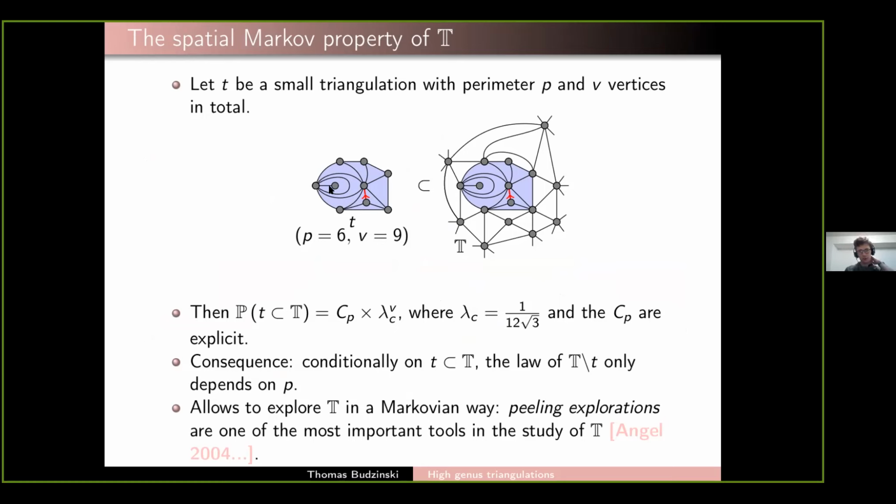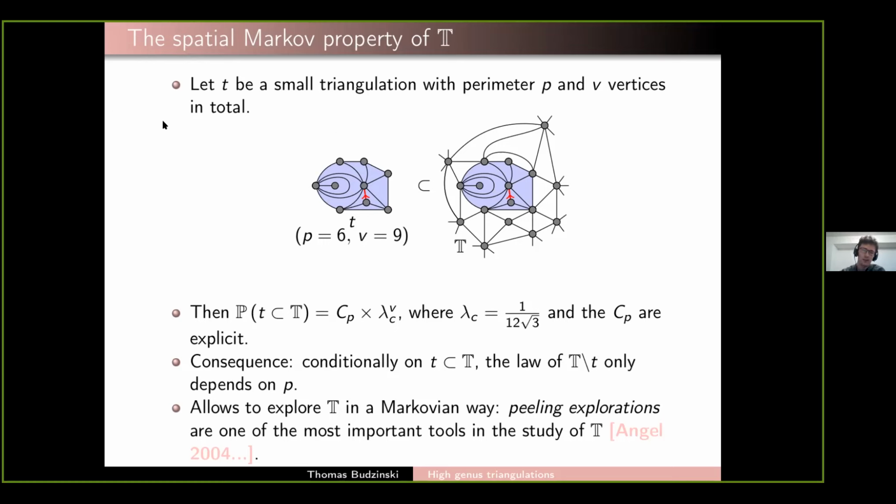All right, so before moving on to the high genus setting, there is one specific property of the UIPT that I would like to highlight. So the UIPT is this infinite random triangulation.